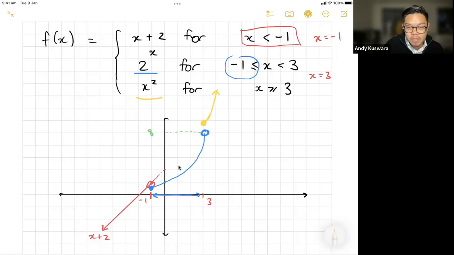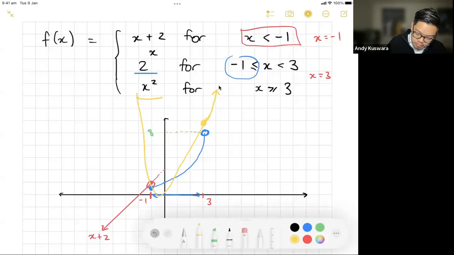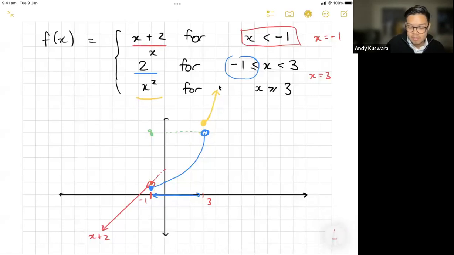Can you see how this function is made up of a straight line when x is less than -1, an exponential between -1 and 3, and for x greater than 3, just this part of the parabola? If I drew the whole parabola, it would come down like this, but I'm only restricting it to a certain domain. The red part is the linear, the blue part is the exponential, and the last curve is the parabola.